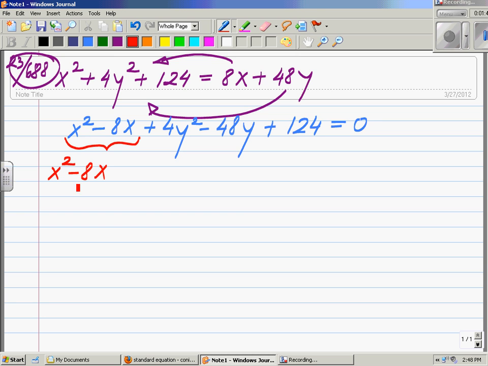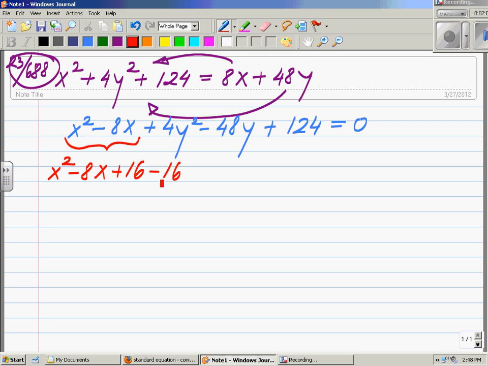Well, you're always looking at your first degree x coefficient. What is that? Negative 8, right? So it'll definitely be an x minus something, and that something will be half of this 8, which will be 4. But you have to square it, so plus 16. Because you don't want to change the value of your expression, you will subtract that 16.